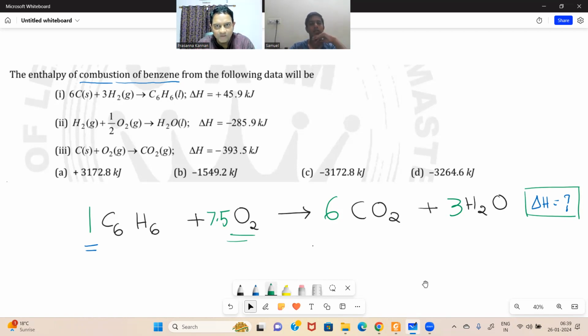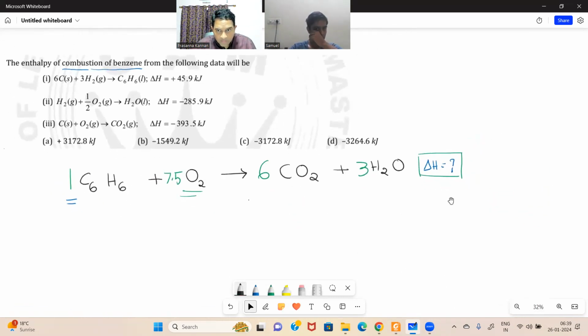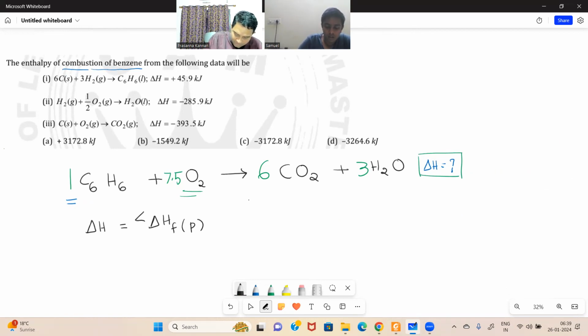So, difference in enthalpy of products and reactants. Very good. So let's do it here. Delta H for the reaction is delta H of formation of products minus delta H of formation of reactants.